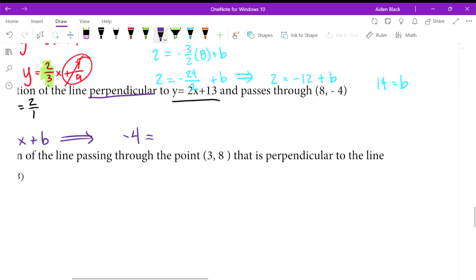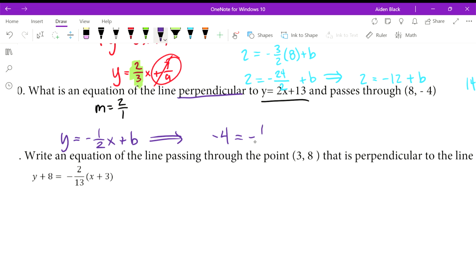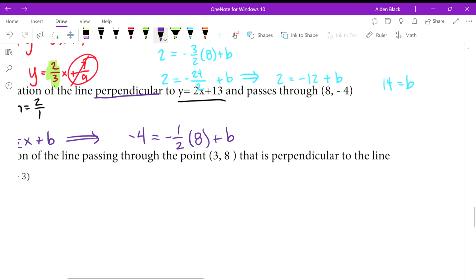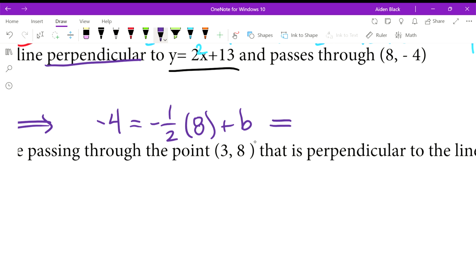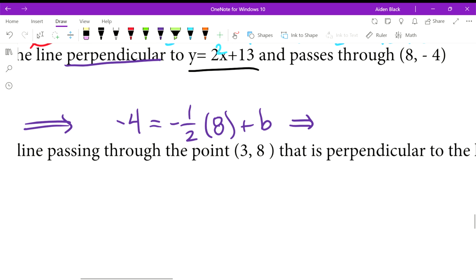So I'm going to plug in negative 4 for my y, and 8 for my x. And then I find out when I evaluate negative 1/2 times 8 that our b value must be 0.